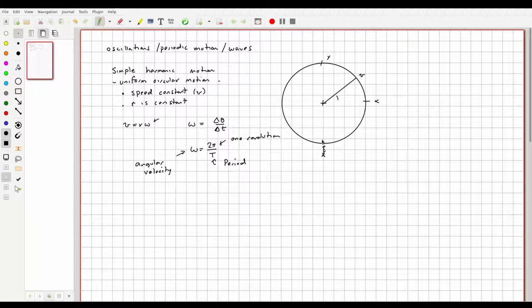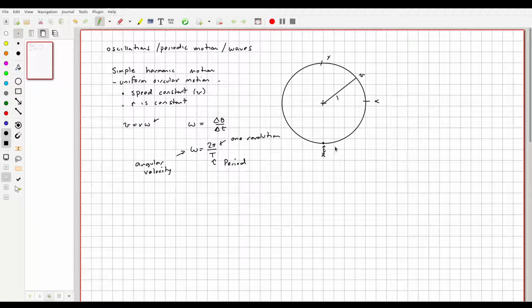Since this thing is traveling around at a constant angular velocity, let's pretend that it took an hour for it to go around once. So if you were to stand there and wait for another hour, you should see it come by once again, and another hour, once again.